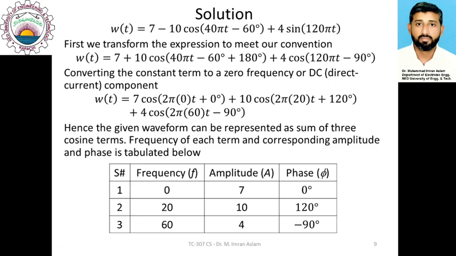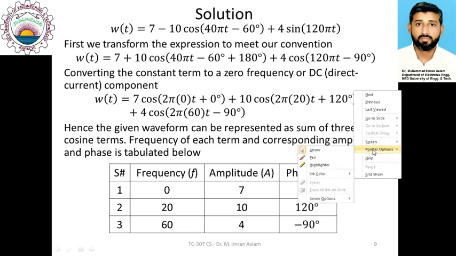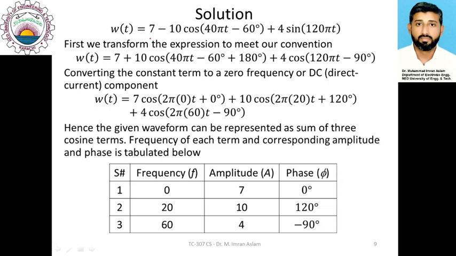So we try to transform these sinusoids as per our convention. If you look at the first term, 7, it's a constant term, so for the time being I would leave it like this. The second term has a negative sign with the amplitude, and as per our convention we cannot allow a negative sign with the amplitude. So this negative sign needs to be absorbed in the phase angle. I would transform it into the phase angle by adding a phase difference of 180 degree.